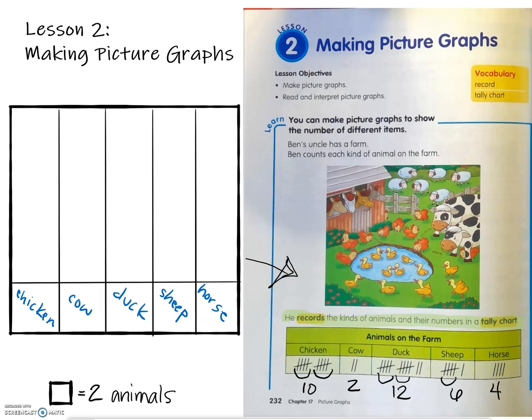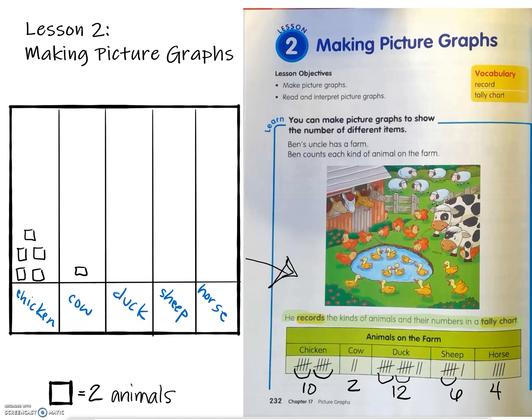Now I can start filling in my graph by putting in my symbol the certain amount of times that I need. Starting with the chicken, I have 10 chickens, and if each square is 2, I'm going to count by 2s until I get to 10. 2, 4, 6, 8, 10. I have 2 cows.